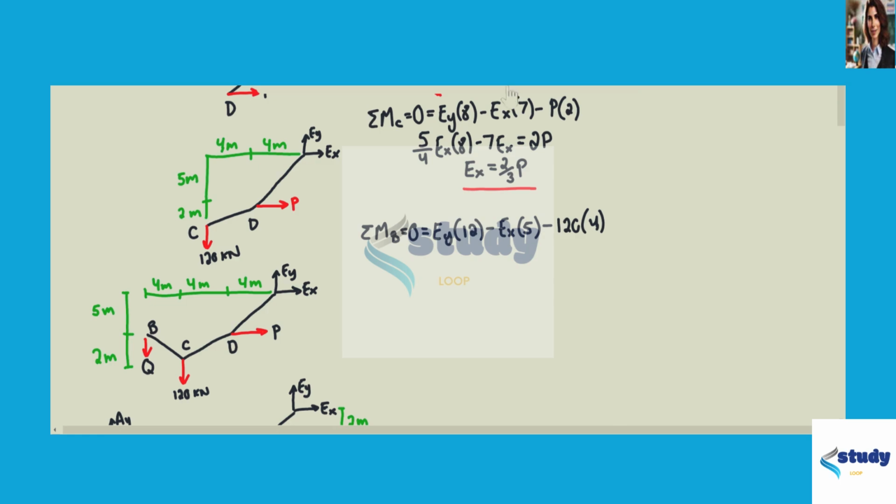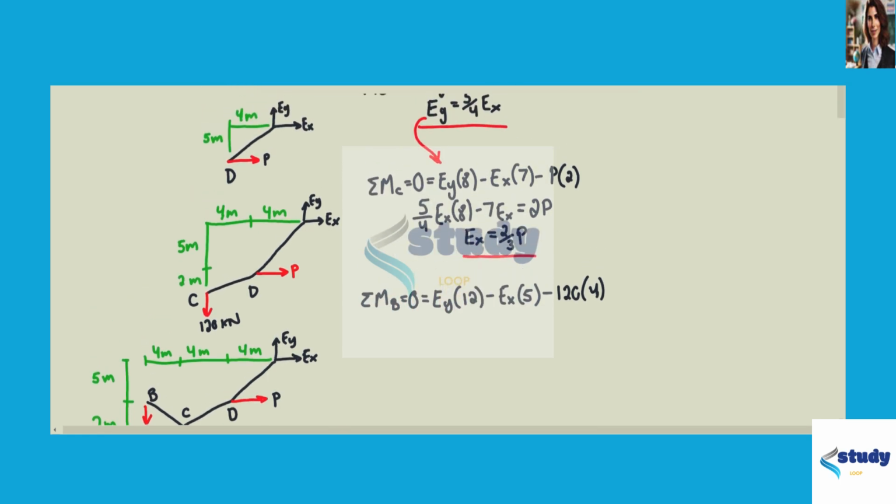We again plug in EY, so this will be 5 over 4 EX times 12 minus 5 EX. We move the 120 times 4 to the other side, which is 480.